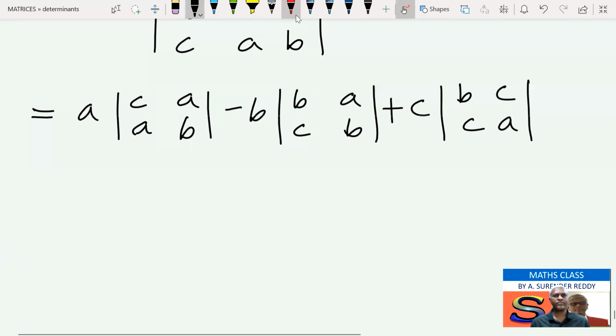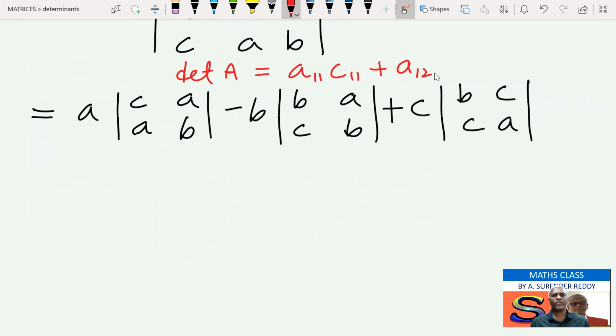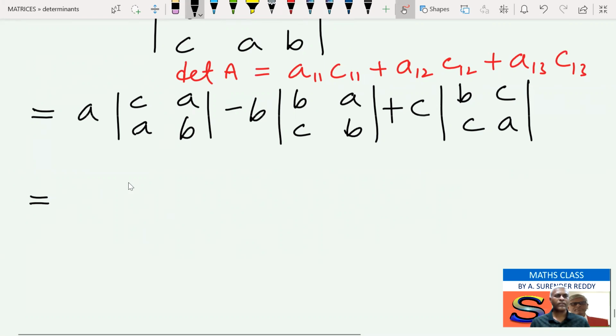డెట్ A అంటే ఆల్రెడీ ఇంతకుముందు రాసుకున్నాం: A11 C11, A12 C12, A13 C13, element and its cofactor. సో ఇక్కడ ABCD డిటర్మినెంట్ ఏమవుతుంది?